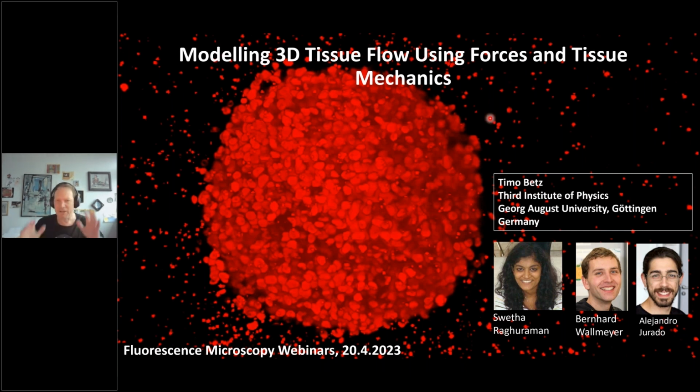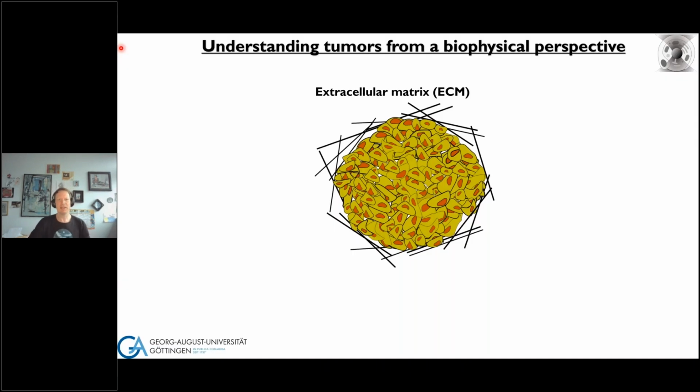I would like to dive in immediately into the question of what Shweta was doing at the time when we studied cancer cell migration. Okay, good. We were really interested in understanding tumors from a biophysical perspective. As you might know, a tumor, when it starts off, is basically a ball of cells, as you can see here.